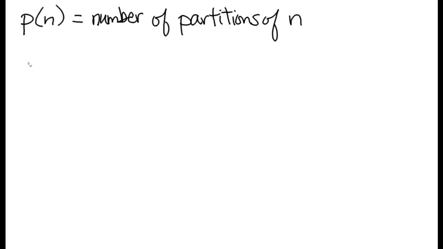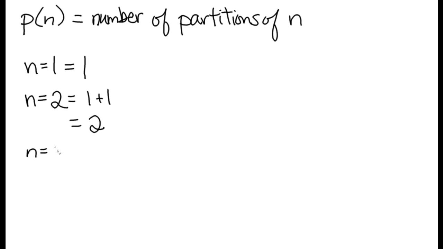And so for n is 1, that's pretty much just one piece. You can't break up the number 1. But when n is 2, you have a couple of options. You can say that 2 is 1 plus 1, or that it's just 2.